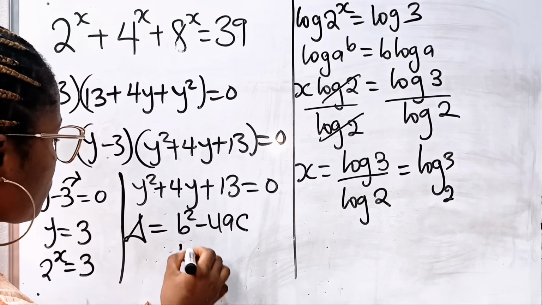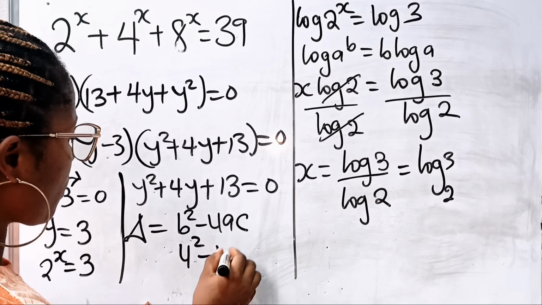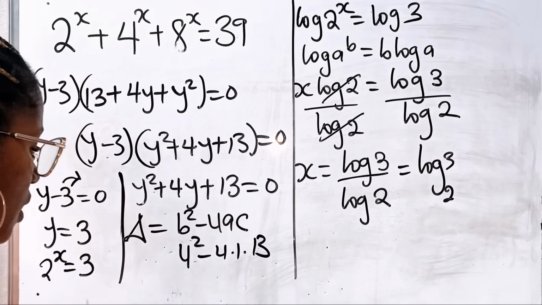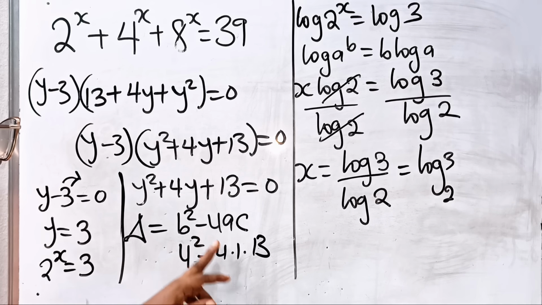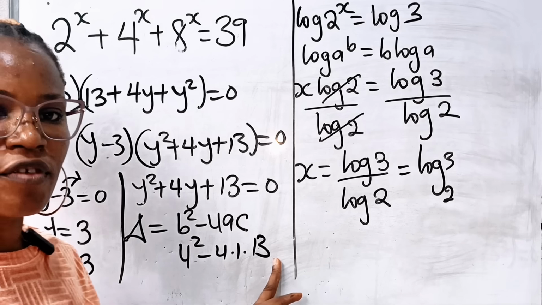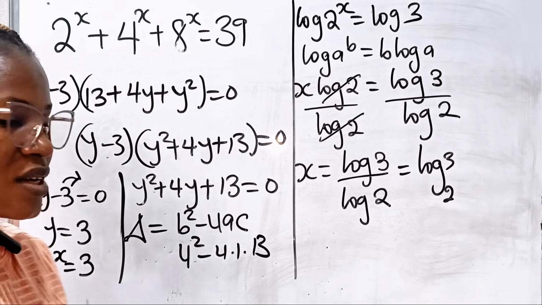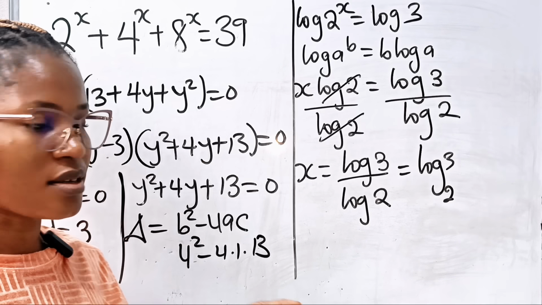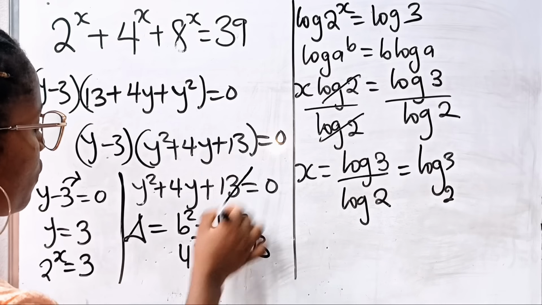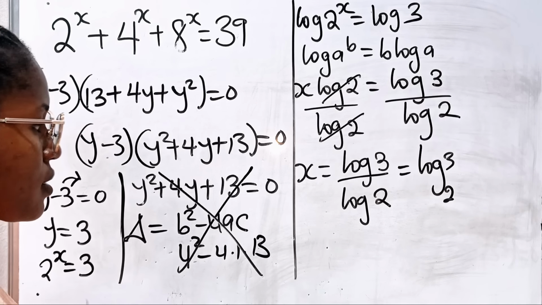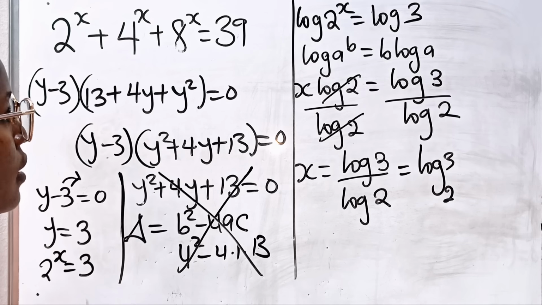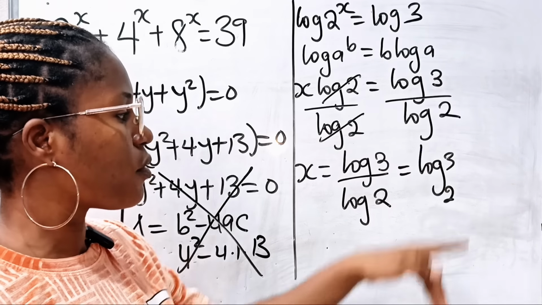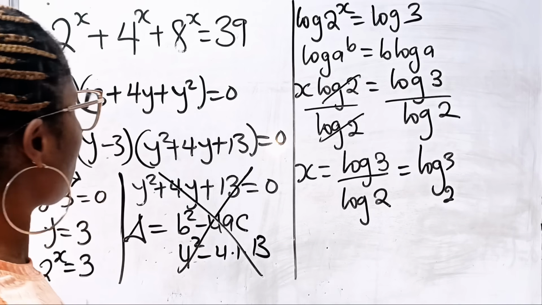Our b is 4, our a is 1 and our c is 13. So b squared is 16, but 4 times 13 is 52. So we are definitely going to get a negative number that is less than 0. Therefore, this factor gives us no real solution, so we are neglecting that. This means that the only value of x we are taking is log 3 base 2.